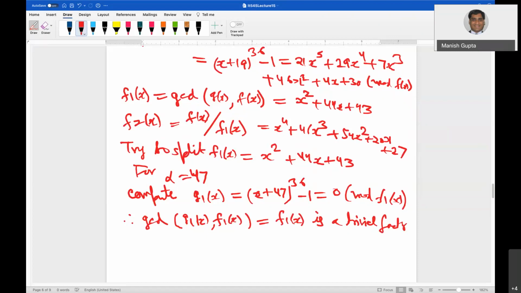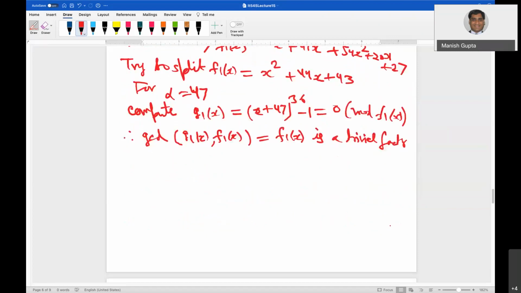So this alpha is not working actually. It's a trivial factor of f1 of x, right? So try different alpha. Now if you try alpha is equal to 57, then what you do? Compute g1 of x is equal to (x plus 57) raised to power 36 minus 1 modulo f1 of x.